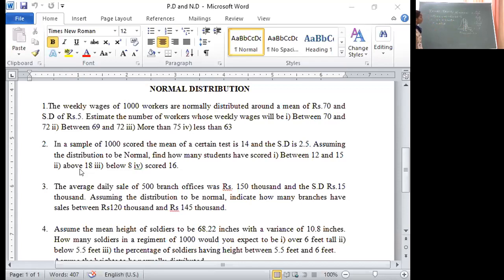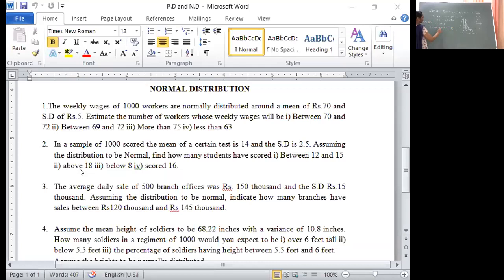Number of students scoring above 18. Okay, what is the formula I told? F of x is equal to n into p of x. Frequency of the random variable is equal to population into the corresponding probability function. Here also we will write f of x greater than 18 is equal to n into probability of x greater than 18.